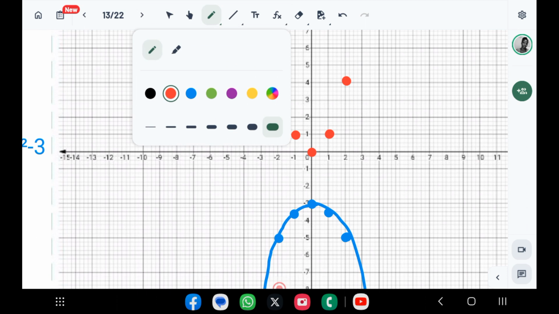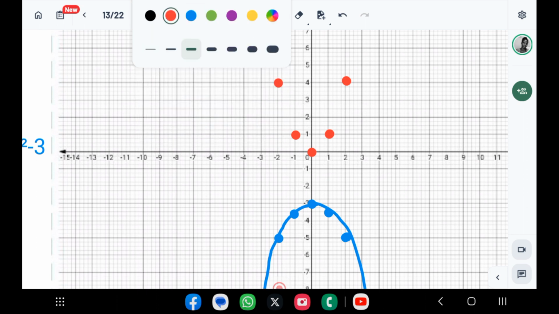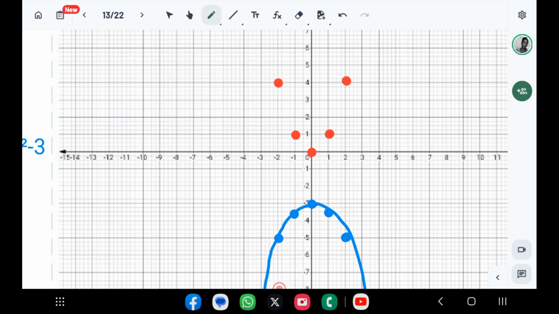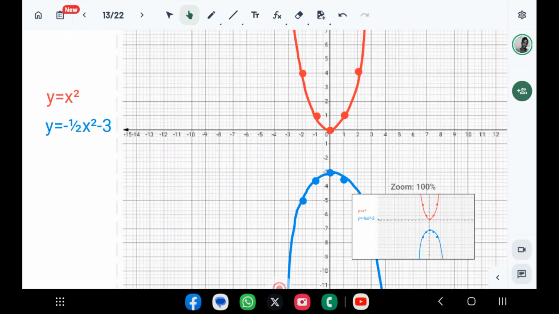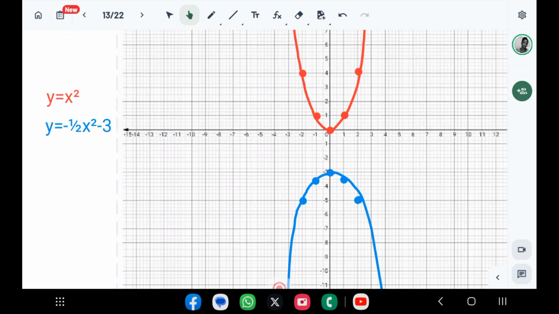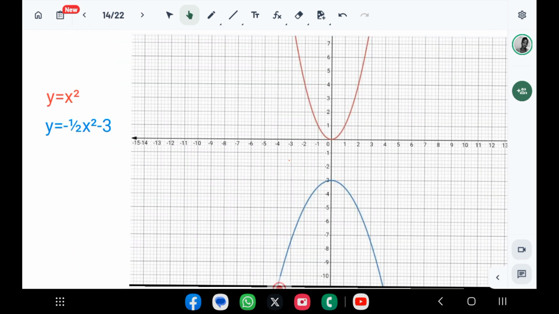Alright, now let's connect the dots and join the points. And these are the graphs you're supposed to have. Let's see what the graph calculator drew. It's exactly the same thing that we drew.